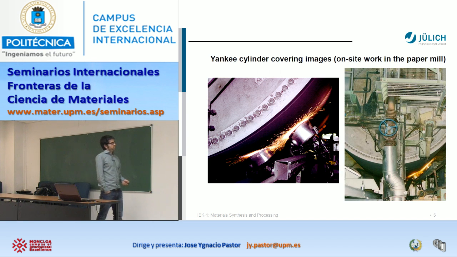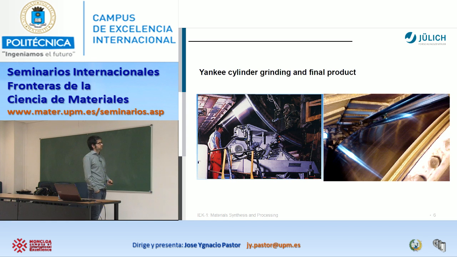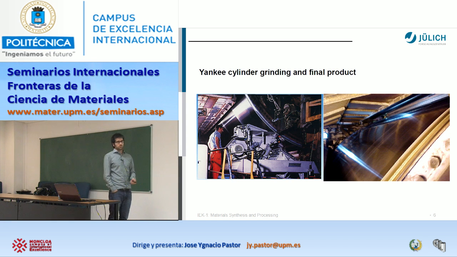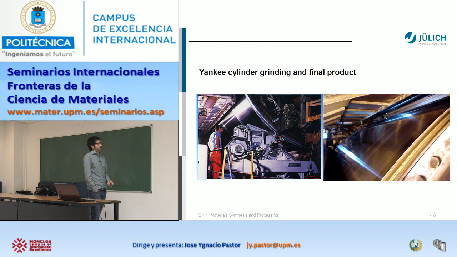Here more examples about this paper milling, okay? These are really big cylinders that are rotating, and how we need first to remove material and then repair it, okay? And here more examples. As I told you, this one will be more about real examples, not in a lab scale, really in companies, these really big rolls that you need to first grind and then coat.